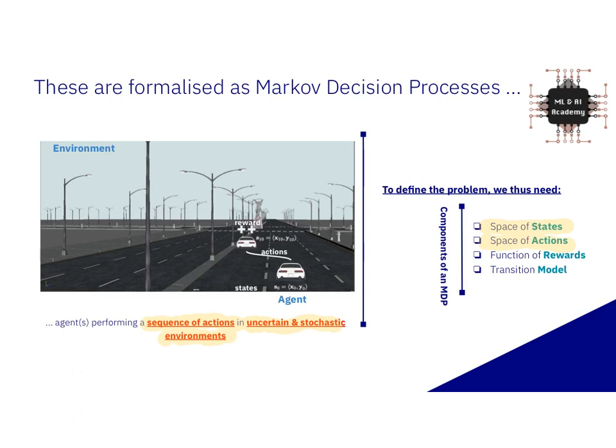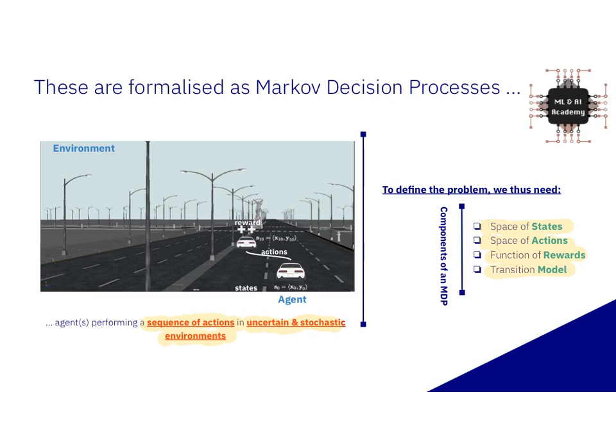We need the reward function, which is going to tell me how good the car is performing. And we need the transition model. And that transition model is some form of a stochastic equation that dictates the change of the car's state conditioned on a previous state and an action that has been executed.